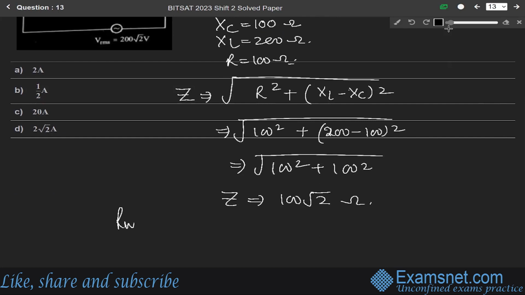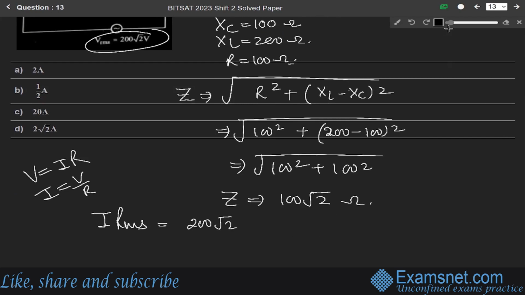So RMS value of current, I RMS, from Ohm's law, we know that V equals IR. So I will be equal to V over Z, and V RMS is 200 root 2. So 200 root 2 over 100 root 2, root 2 cancels, 0 cancels. So it will be equal to 2 ampere, which means option A is the correct answer.